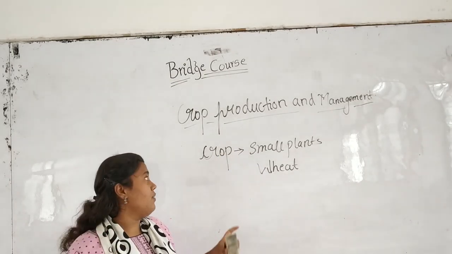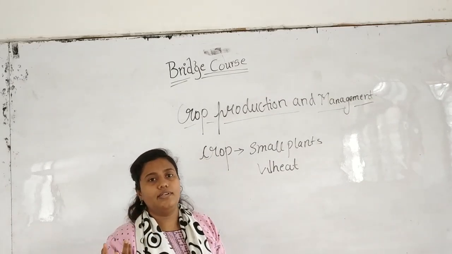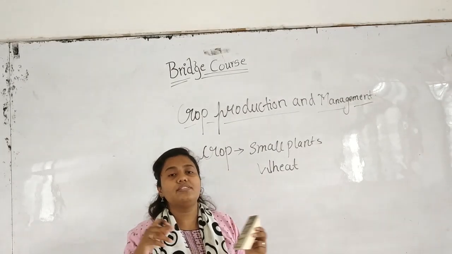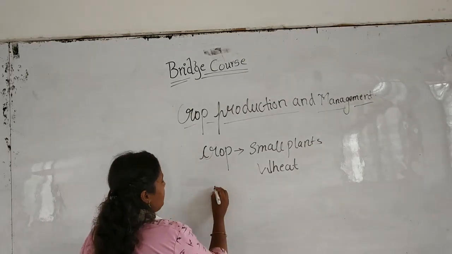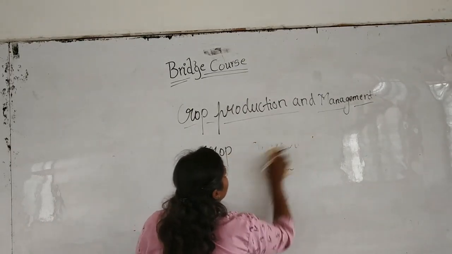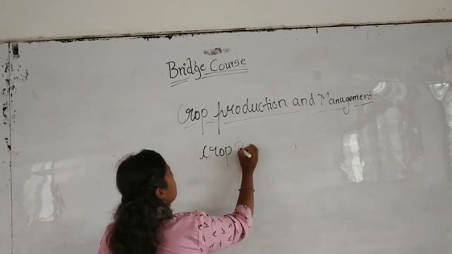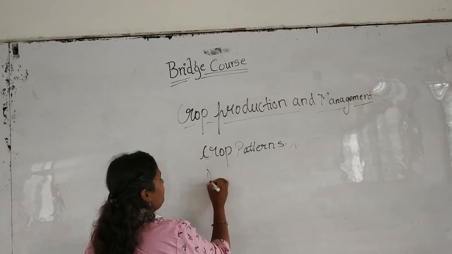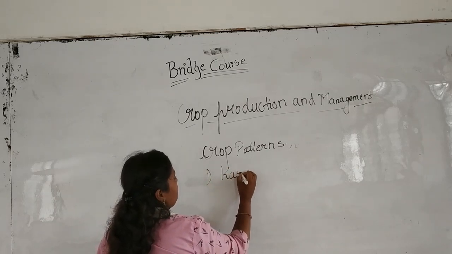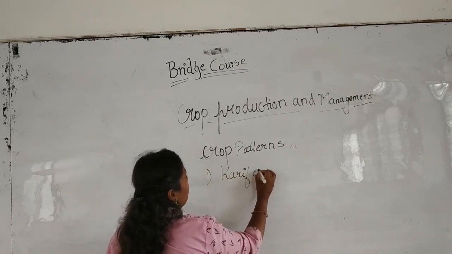Now let us understand what are the crop patterns. When which crop is grown, in which season which crop you are going to grow. The first one is the kharif crop.